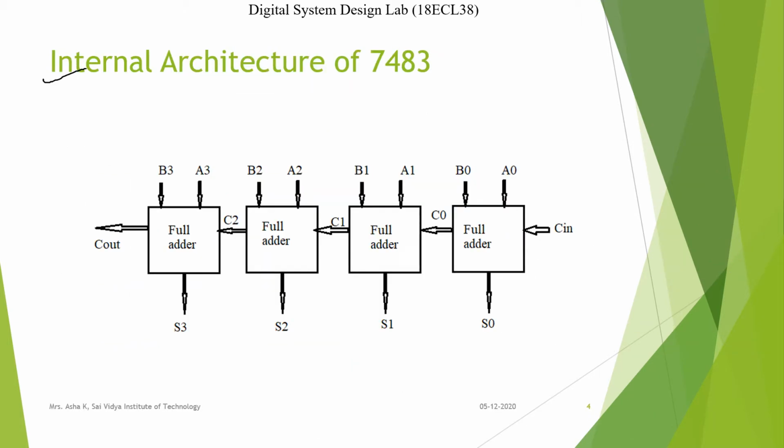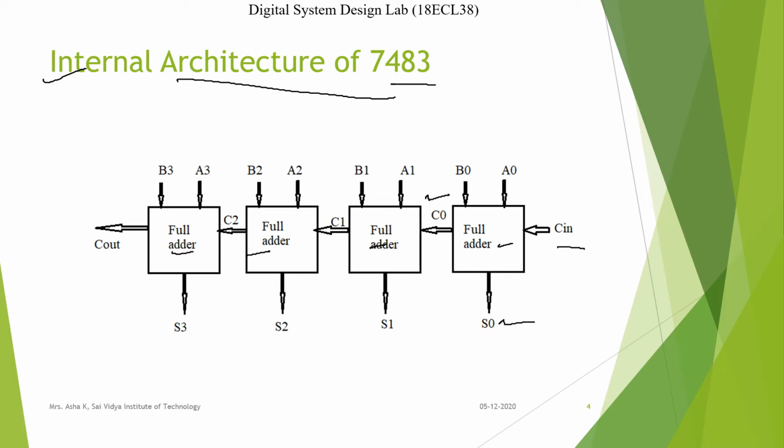Now the internal architecture of IC 7483. It consists of 4 full adders: full adder 1, 2, 3 and 4. A full adder generally has 3 inputs and 2 outputs. For the first full adder, A0 and B0 are the inputs along with C in, and it produces the output sum S0 and carry out C0.